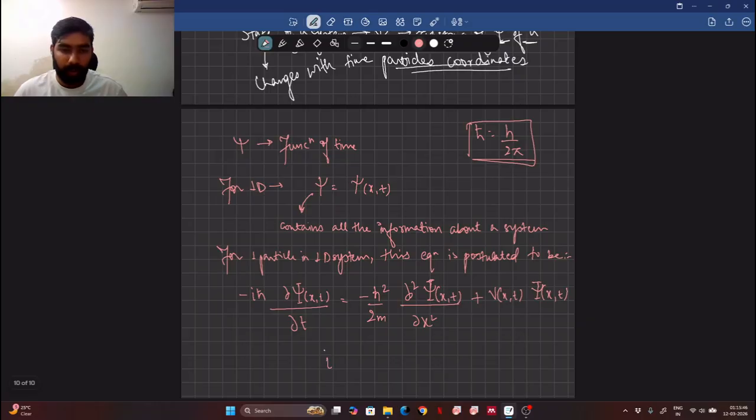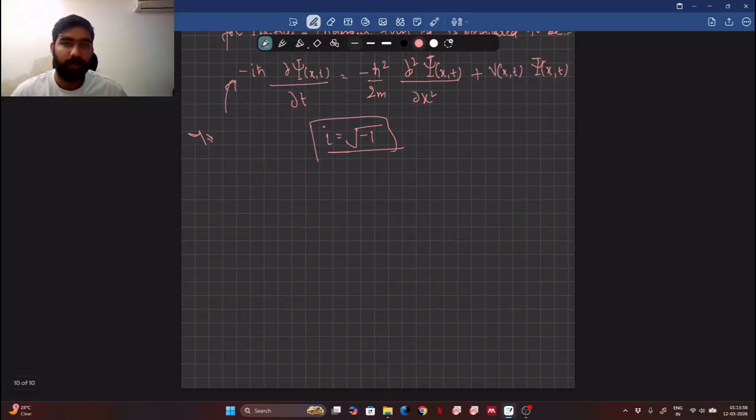And iota here is the square root of minus 1. So this equation is the time dependent Schrodinger equation.